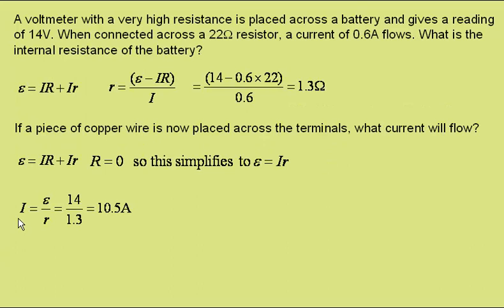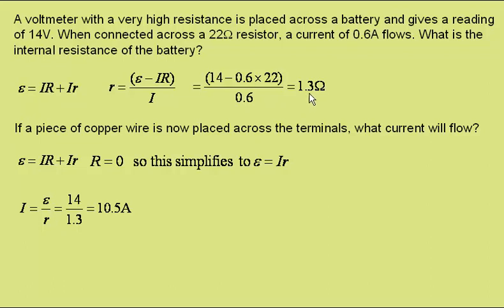Rearranging, we get that the current is equal to the EMF divided by the internal resistance, the EMF we were given of 14 volts, the internal resistance we found previously of 1.3 ohms, giving a current of 10.5 amps. Incidentally, 14 divided by 1.3 actually would give 10.8 amps. But my answer here was 1.3 recurring.